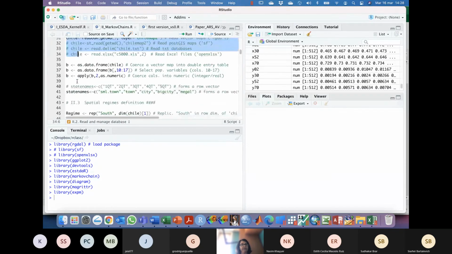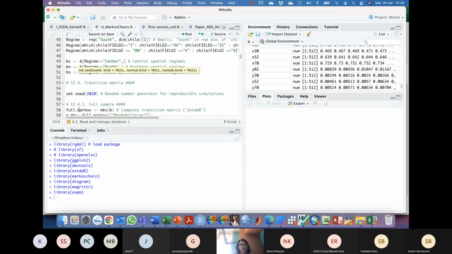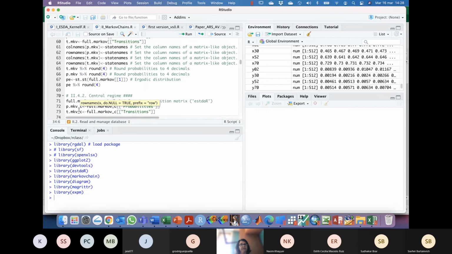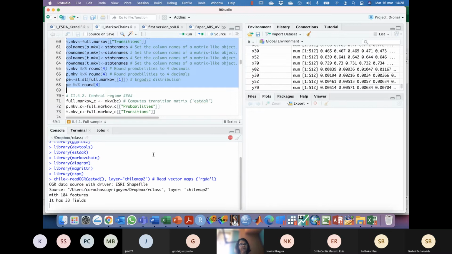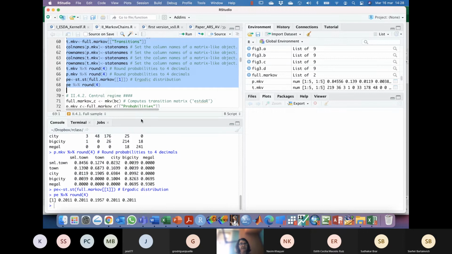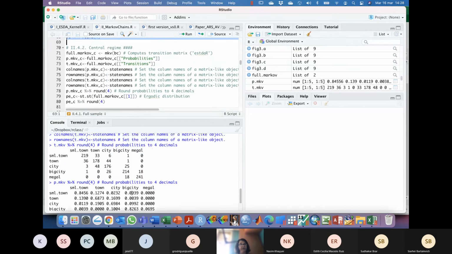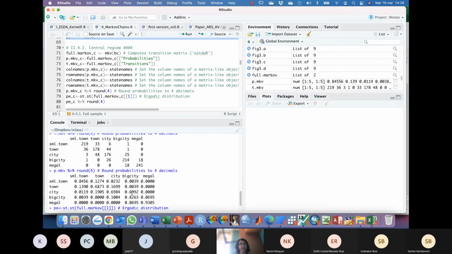So again, reading the data and computing the regimes, and now getting the Markov chains for the whole country, and you can compute these Markov chains considering different spatial regimes, for the northern one, the southern. The output is the transition matrix, so the matrix with the movement, the instances.